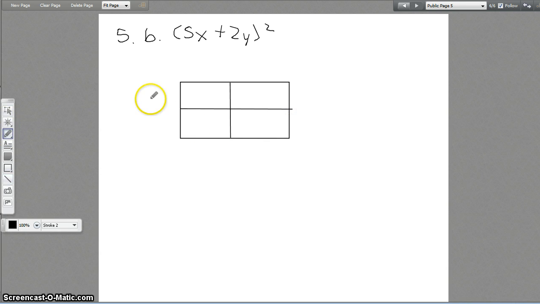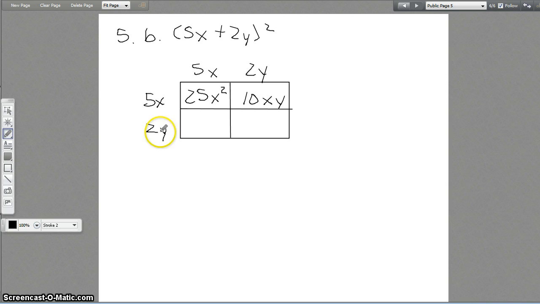Okay, so the problem is 5x plus 2y times 5x plus 2y. So the top left box is going to be 5x times 5x. 5 times 5 is 25. X times x is x squared. Top right box, 5x times 2y. 5 times 2 is 10, and then we have xy.